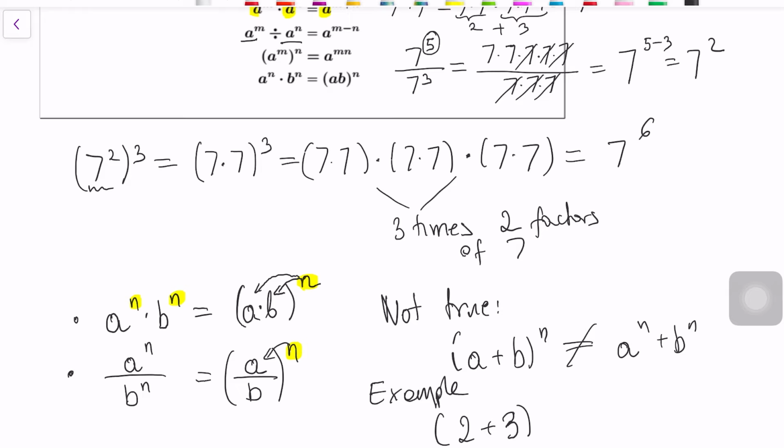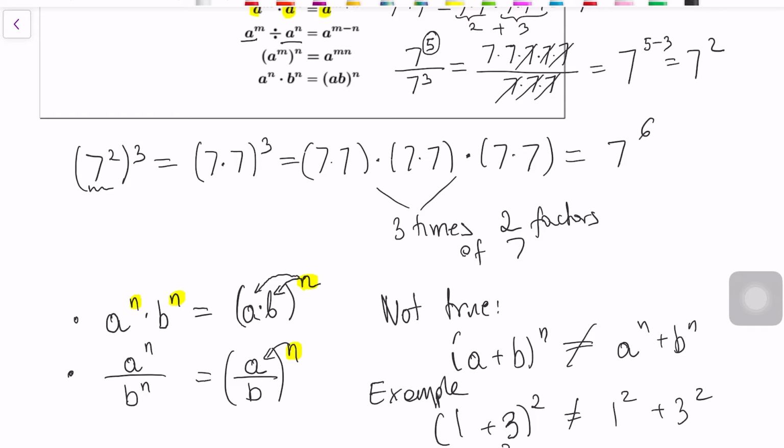Let me do 1 plus 3 to the power 2. It's not the same as 1 squared plus 3 squared, right? Why? Because the left hand side is 4 to the power 2, which is 16, and the right hand side, 1 squared plus 3 squared, is 1 plus 9, which is 10. Definitely not the same. Left and right hand side are not the same.